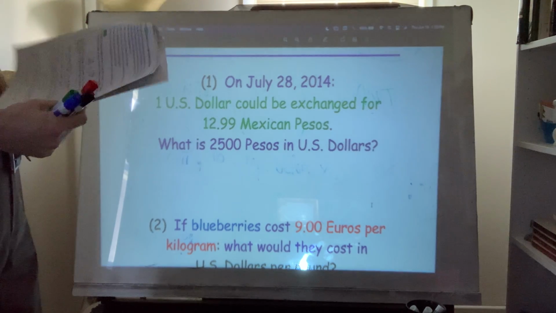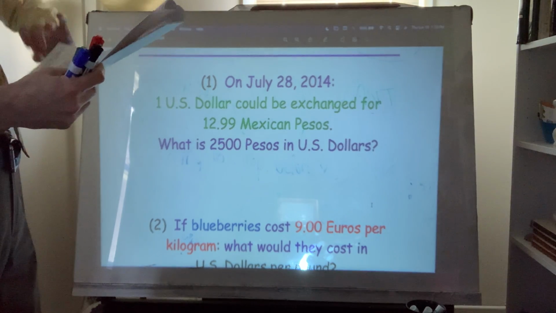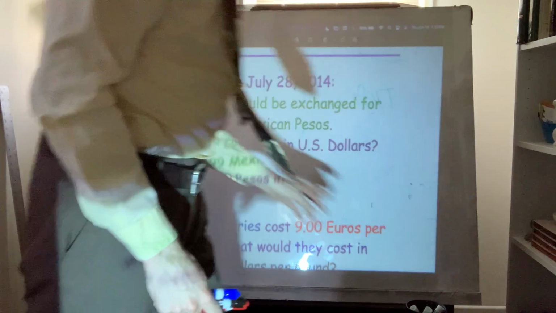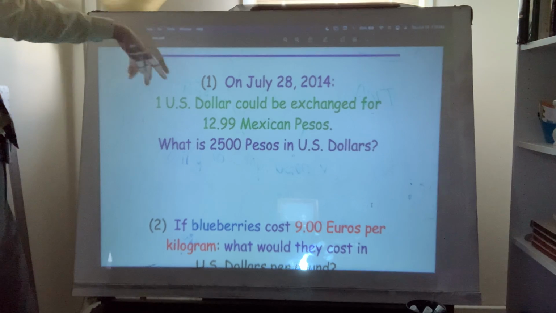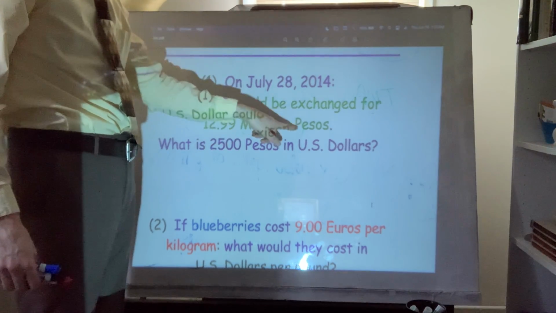Let's see. This is adapted from example 2, so I'm calling it 1 here, but that's fine. On July 28th of 2014, the US dollar could be exchanged for 12.99 Mexican pesos.